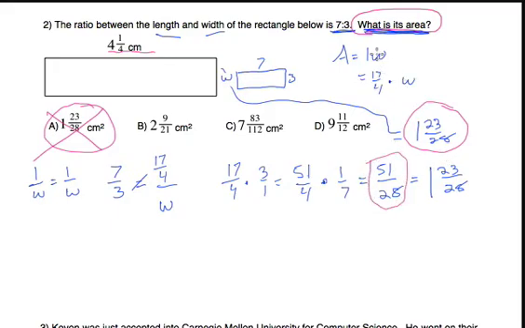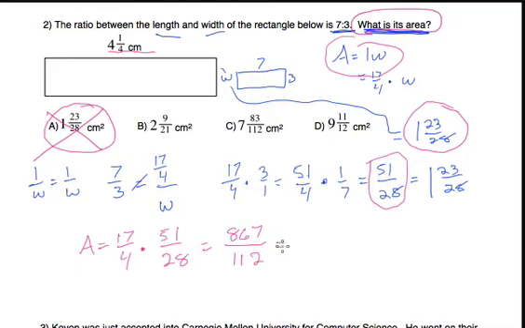All right, so now we can take our formula for area. Area equals length, which is 17 over 4, times the width, which is 51 over 28, and that equals, let's see, 17 times 51, no, that's not right. 51 times 17 is 867 over 28 times 4, that's 80, what would that be, 80 plus 112.